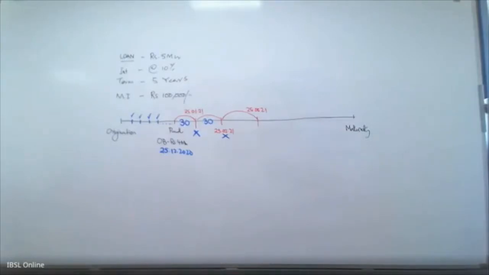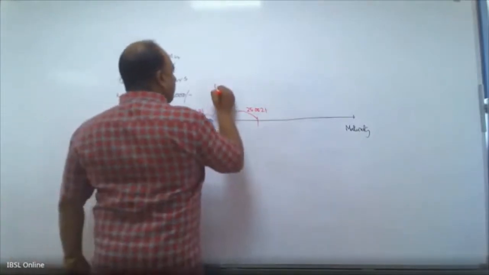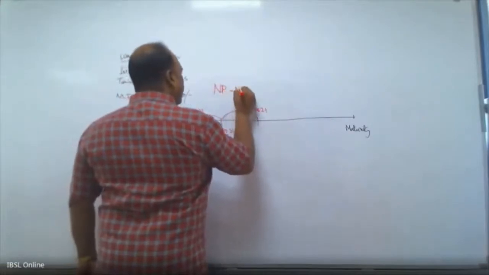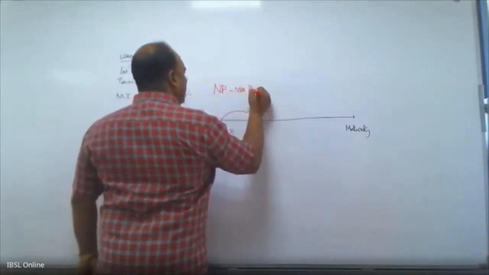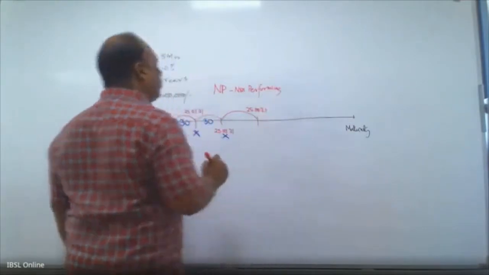So basically, at this point in time, the loan has to be classified as, we call it, non-performing. So you are supposed to classify this loan as a non-performing loan.